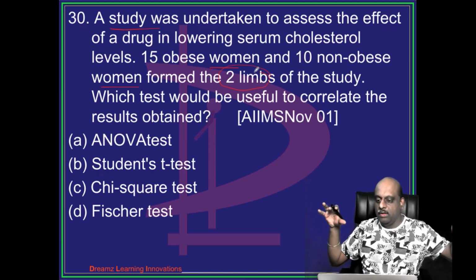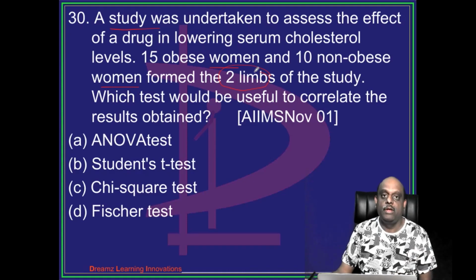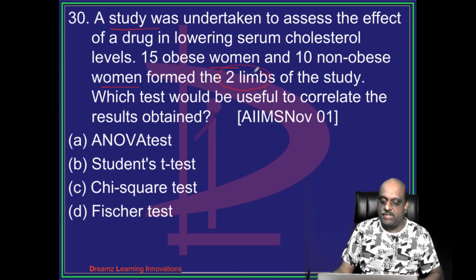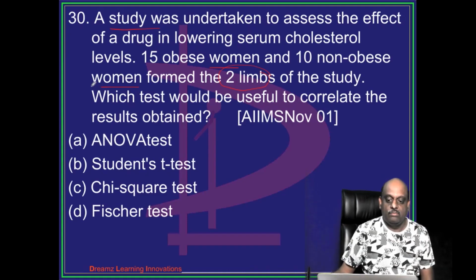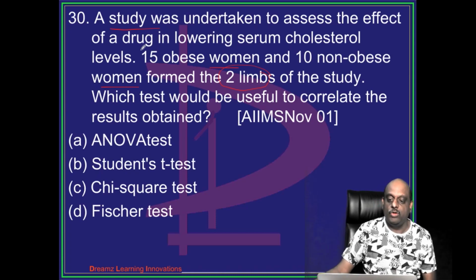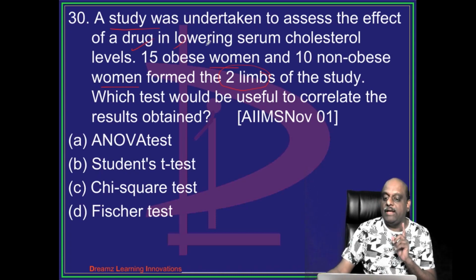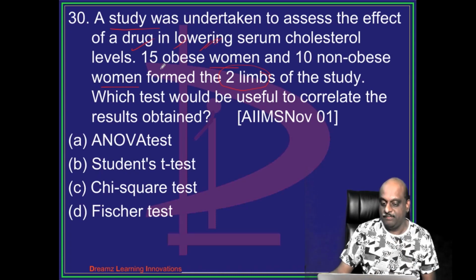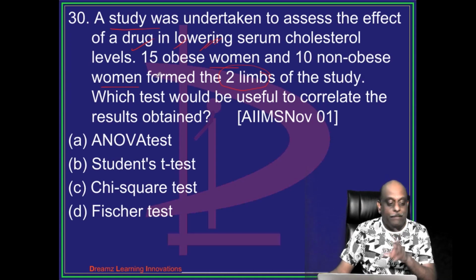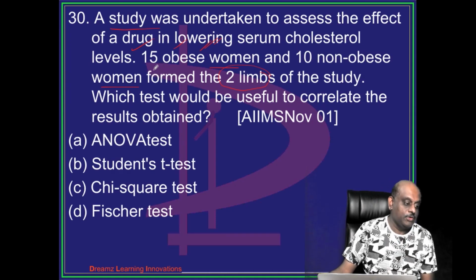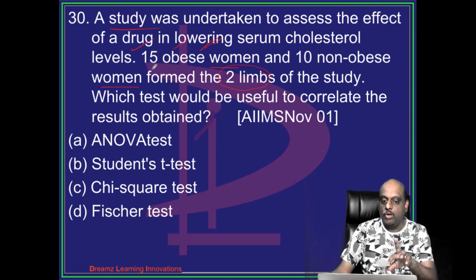Which is the best test? What are you trying to do? You are trying to assess the effect of a drug in lowering the serum cholesterol levels. To compare these two. So you are comparing what? You are comparing cholesterol. Cholesterol, discrete or continuous? Continuous variable.